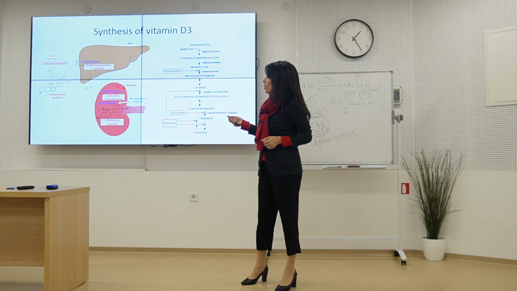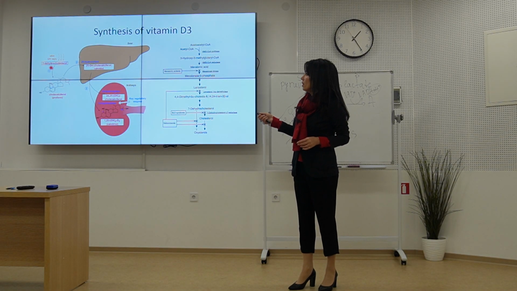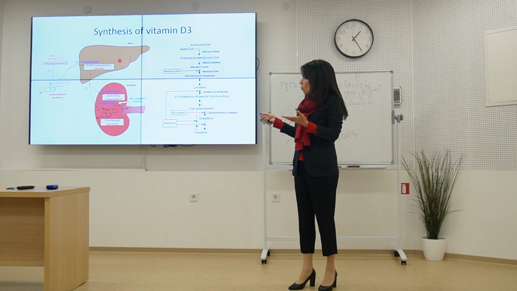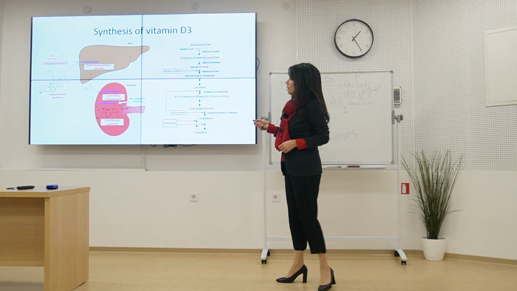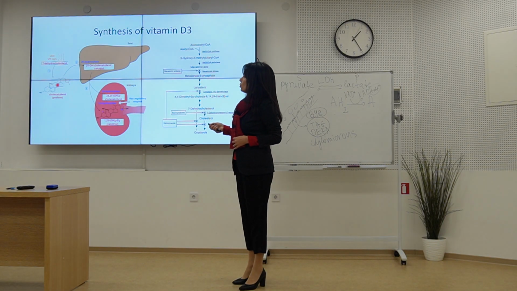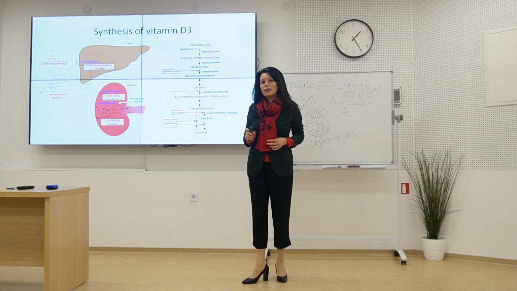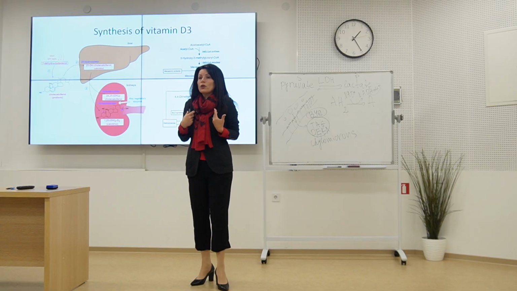This precursor can be formed in the skin, yes, but it can also be transported from other organs, like the liver, for example. From the liver to the skin, yes. After that, this compound, students, undergoes one very, very unique reaction. It's a reaction of photolysis. This reaction cannot be done by any of our human enzymes.